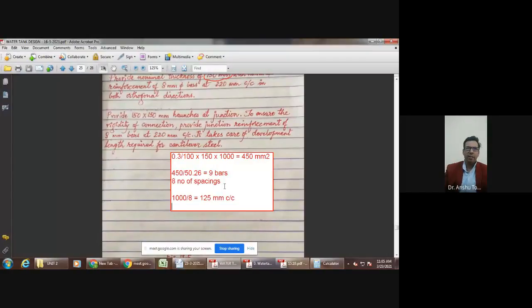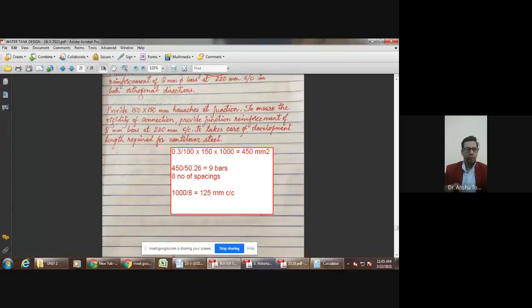So you can simply say that your slab is going to be 150 mm thick, with reinforcement of 8 mm dia bars at the rate of 125 mm center to center.